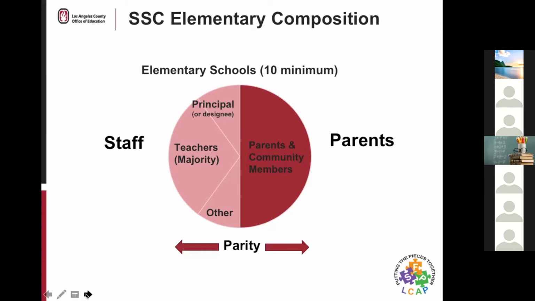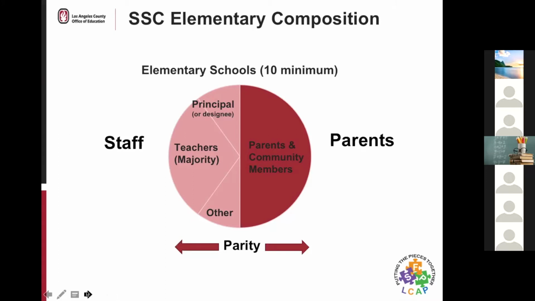There must be parity, or equal numbers, of members across the school staff members and parent community members groups. Here you can see that half of the school site council must be composed of school staff, which includes the principal or his or her designee, classroom teachers employed at the school, and other school personnel employed at the school who are not classroom teachers.